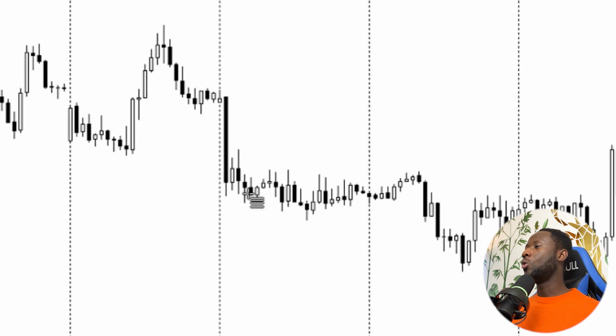We also said that every time there is a fair value gap, there is this imbalance in the market. The market most of the time tends to come back and fill that vacuum, then it reverses back into the direction that it wants to go.